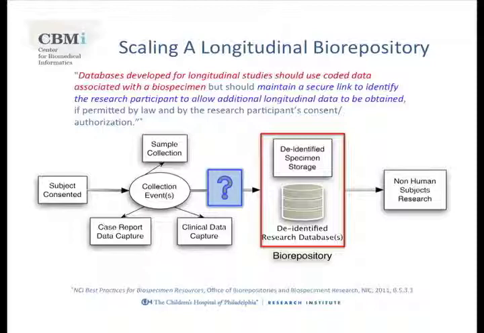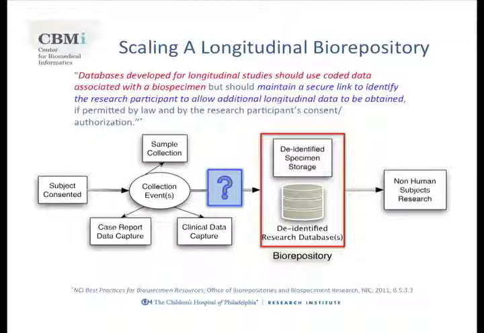But the other part, which is in blue, is that there should also be a maintenance of an association between the subject identifiers, name, their medical record number, or whatever their unique record identifier is at that institution, with this encoded data to enable longitudinal collection in the biorepository portal. And so this is where I've got this blue question mark, because how do you implement that in a manner that is consistent with protecting patient privacy data?